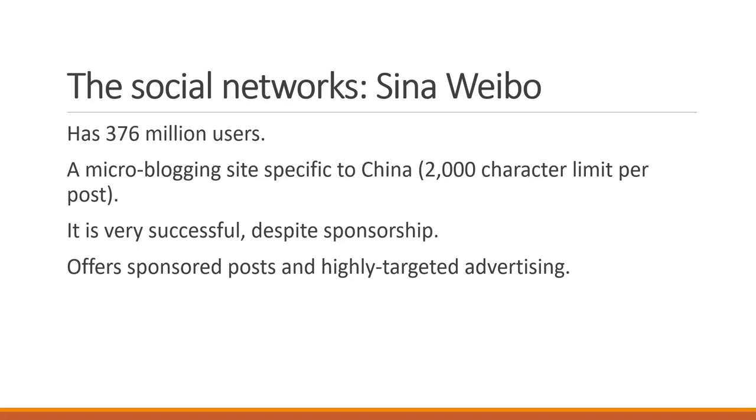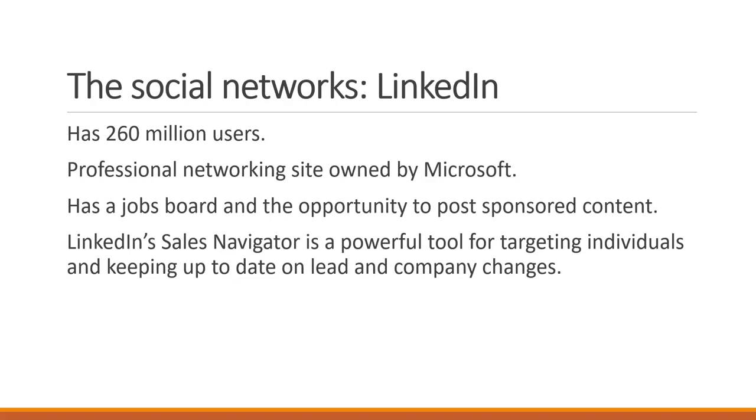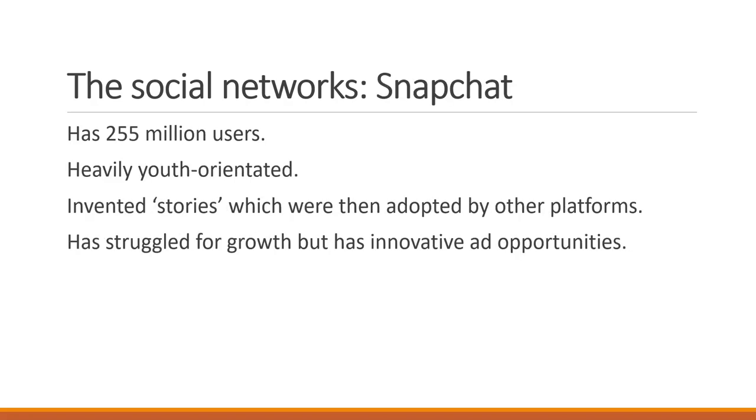LinkedIn, as we talked about, is mostly a professional networking site, but they are hoping to get more social and increase the amount of activity and engagement. You can post sponsored content, you can do paid ads, you can target people to stay up to date. And Snapchat.